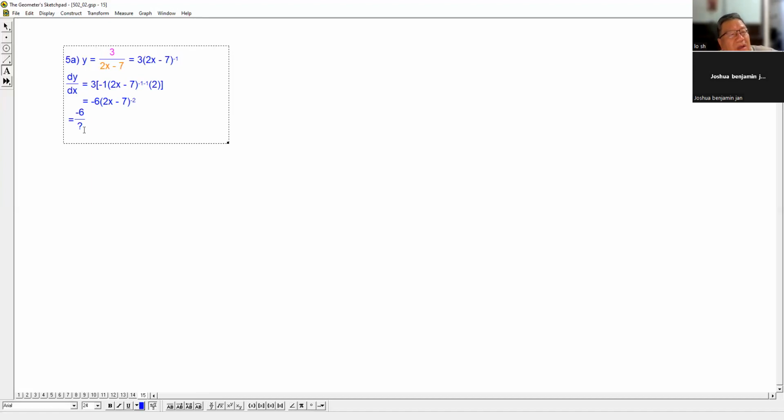But this negative power actually belongs to the bottom. So it's 2x minus 7 raised to the power of -2. So the answer now is exactly the same as the answer that I have shown you earlier, right?